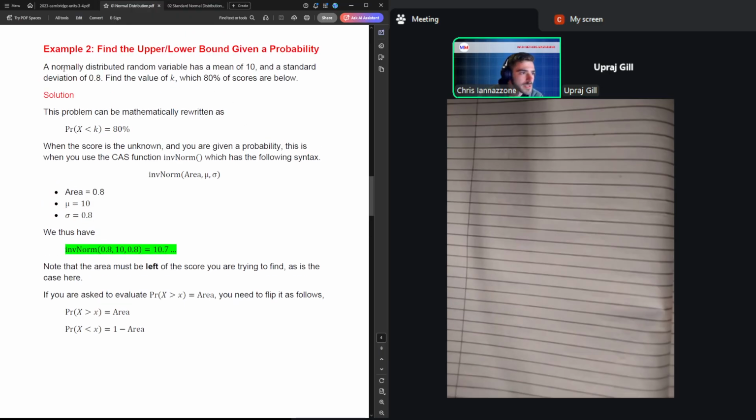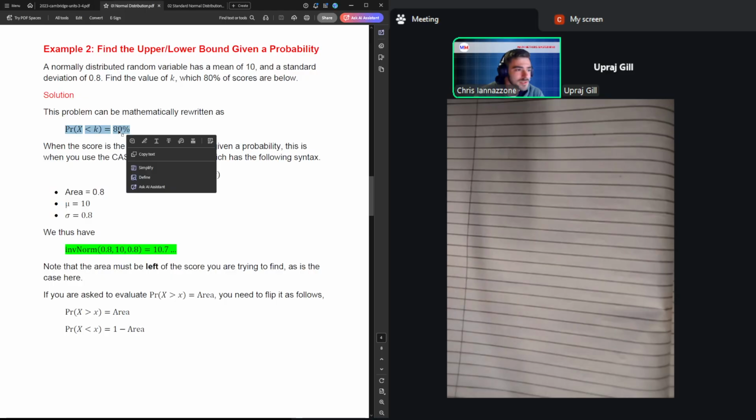So the wording would be, a normally distributed random variable has a mean of this, a standard deviation of that. Find the value of the variable such that 80% of scores are below, above, whatever the terminology is. First step is taking all this information and putting it into a probability equation. You pretty much do this for literally all the probability questions.